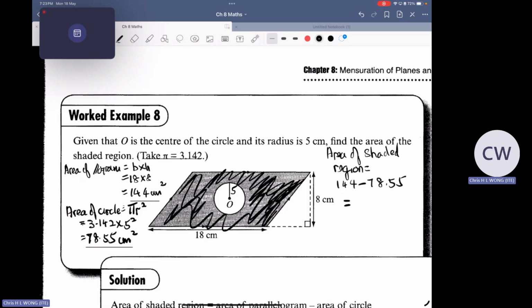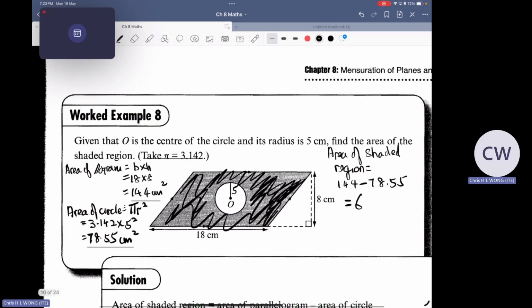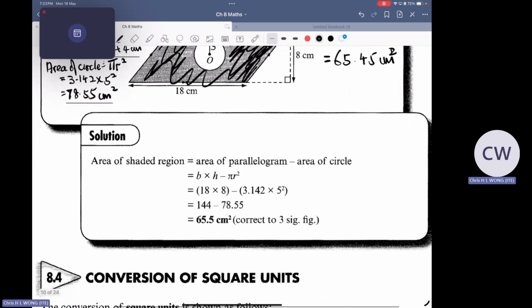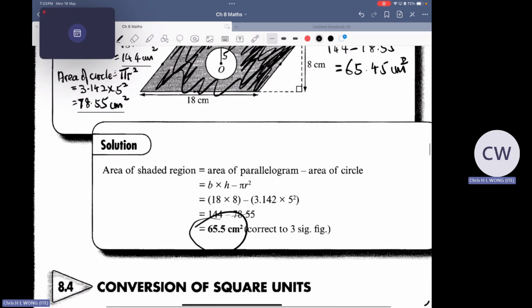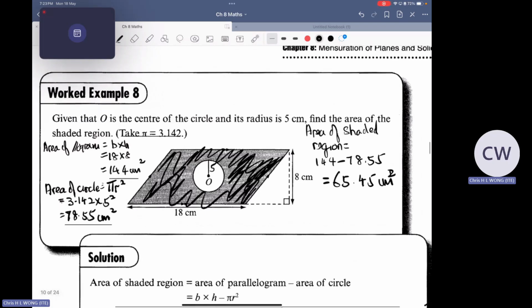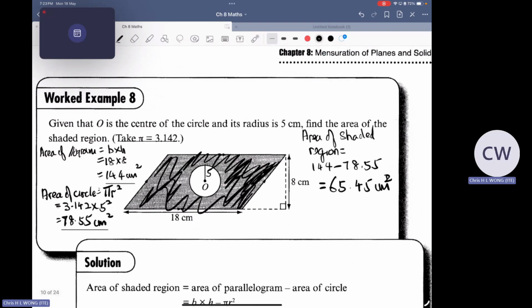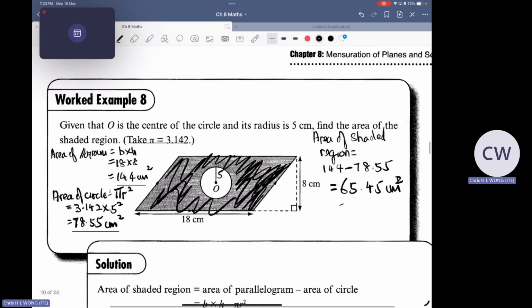Answer? 65.45. 65.45 cm what? Is that a square? Is the area, right? Just confirm. 65.45. Okay, correct. They use three significant figures. Don't use significant figures. Use decimal places. So this is the answer. Correct. Is it okay?